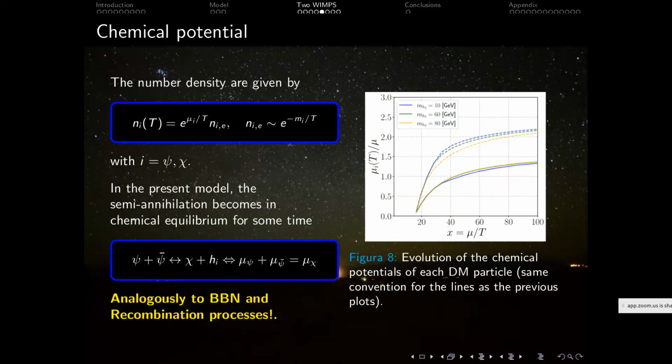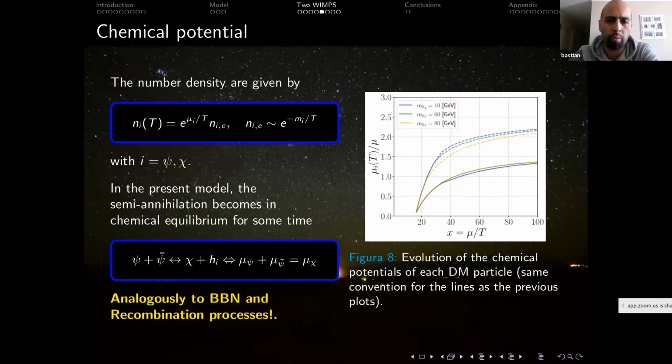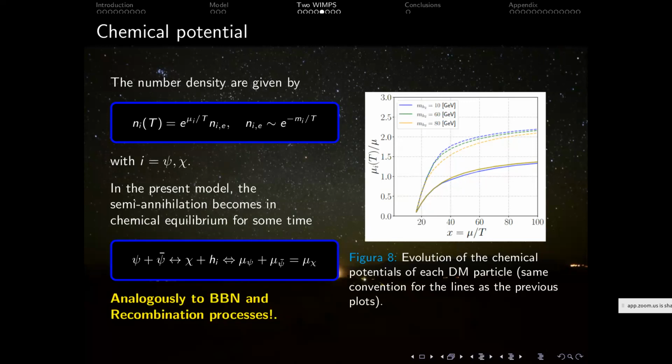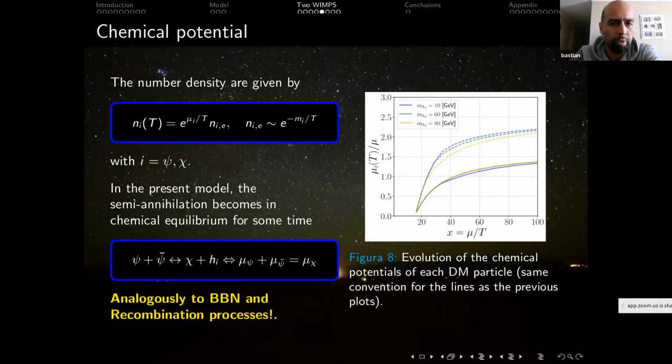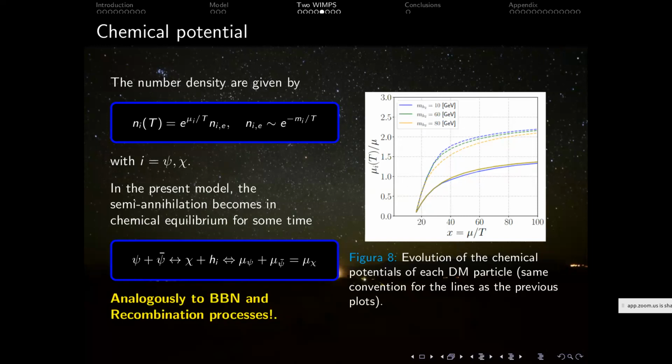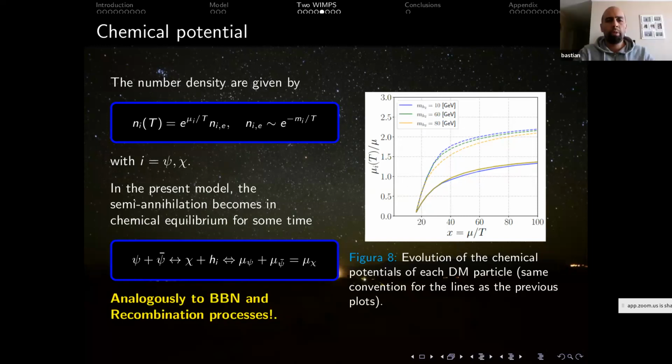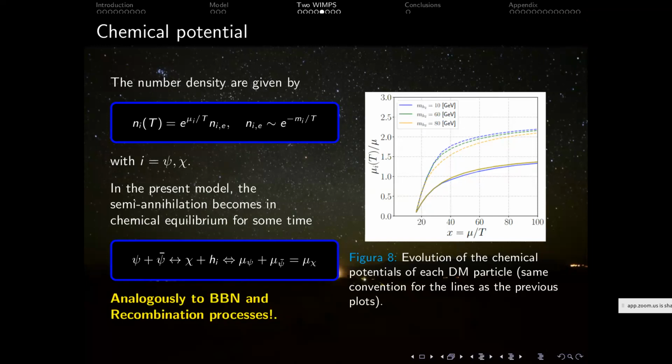Because according to the formula, T has to be bigger than m. Why do you say that? That's the usual approximation in statistical mechanics. That's what I don't understand. No, the Boltzmann suppression that appears here appears as long as the temperature is below the mass of the particle. No, it's the opposite.